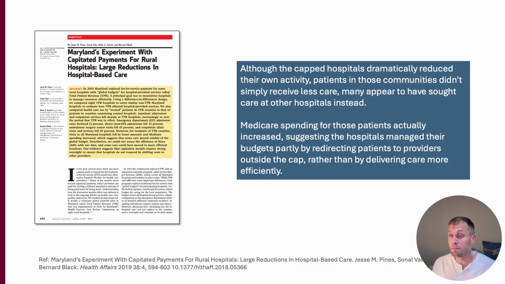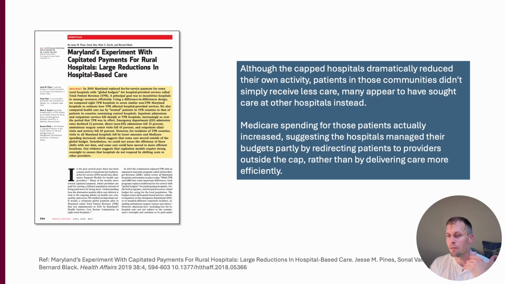And Medicare spending for patients at those hospitals actually increased, because remember, this is under the state program, for patients who are covered under one of these plans, and not for Medicare patients, whose care was being paid for separately.